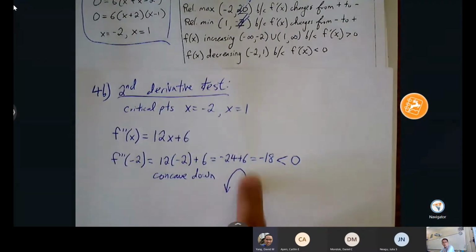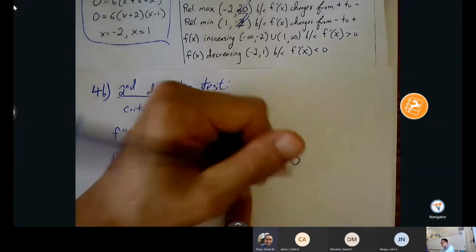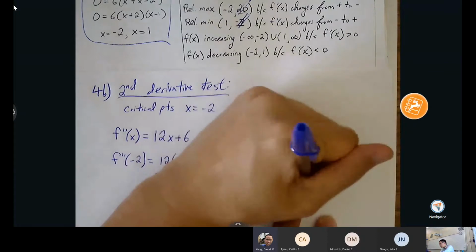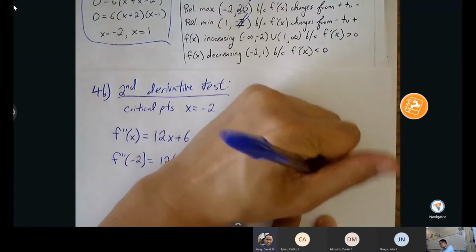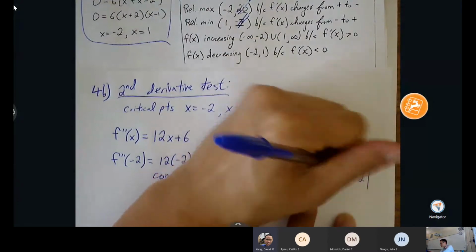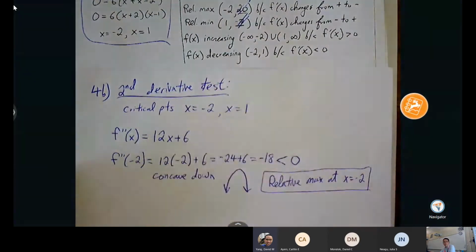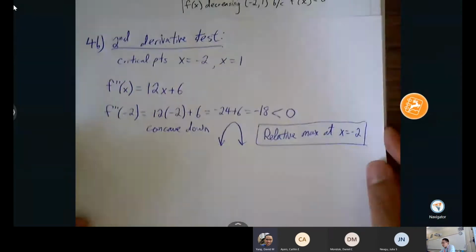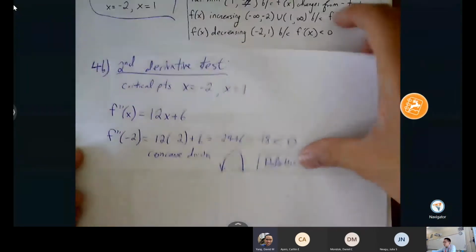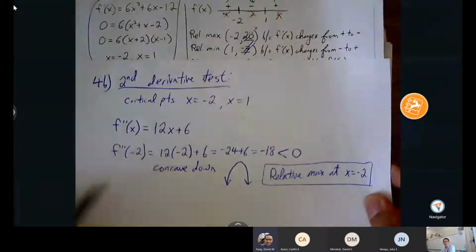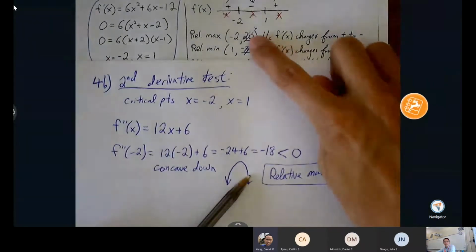The only critical point that we see on the concave down graph is the relative max. So we can say relative max at x equals -2. And this matches with the information we were able to accomplish from first derivative test, right? Relative max.